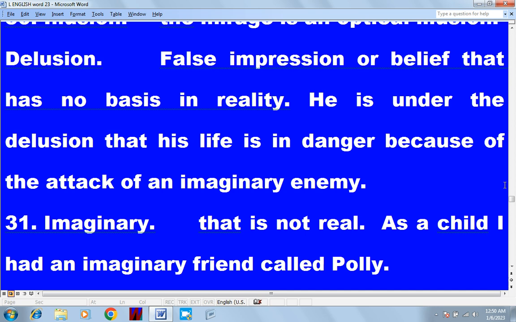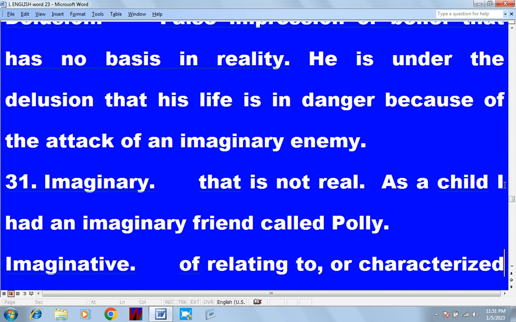Delusion: false impression or belief that has no basis in reality. He is under the delusion, means psychological perception, that his life is in danger because of the attack of an imaginary enemy.